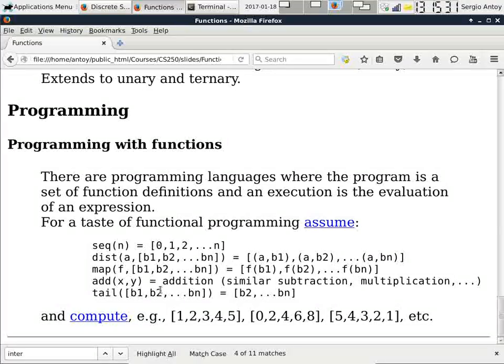If you have a map double and you have the list 1, 2, 3, or square, because I had square before, what is the result with double? 2, 4, 6. Alright? And if it was square, what would be the result? 1, 4, 9. Alright?